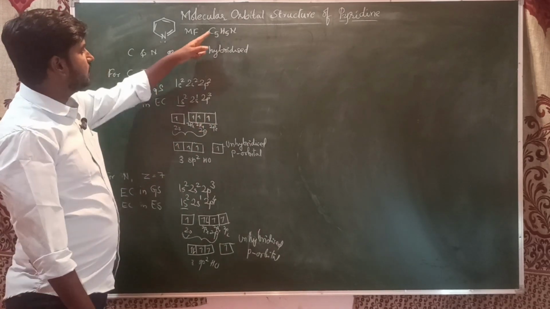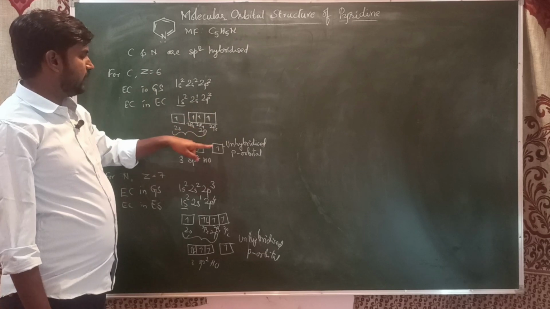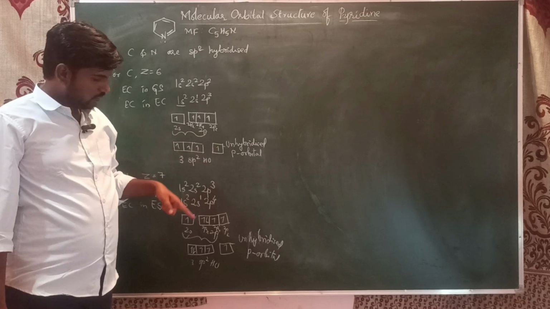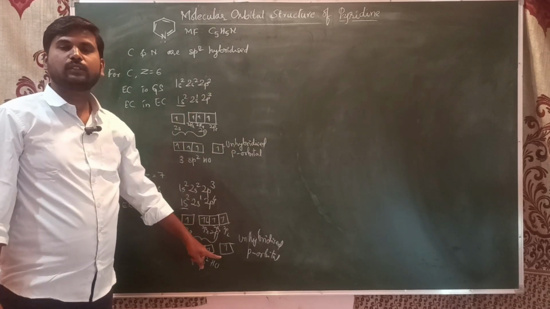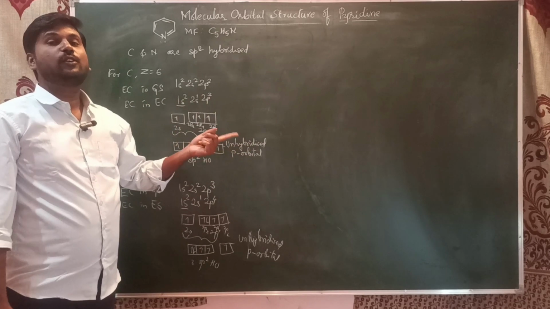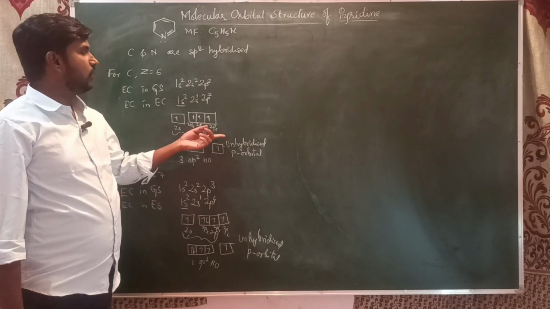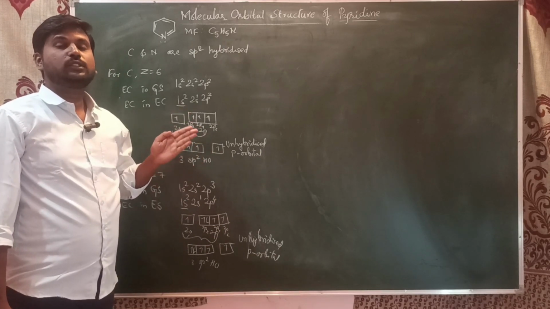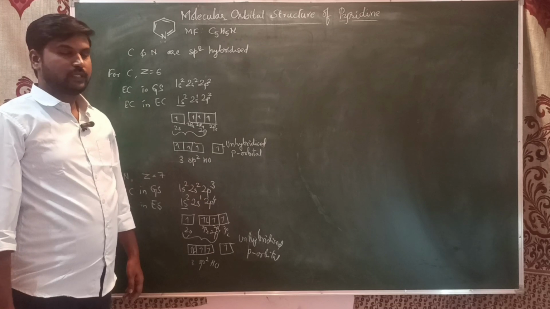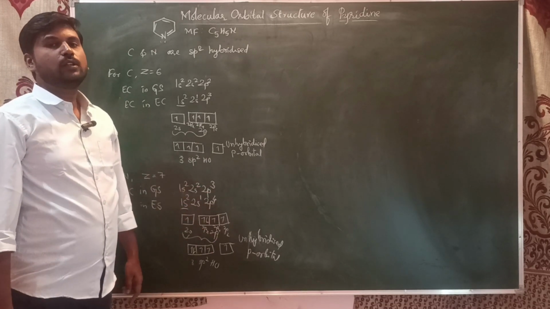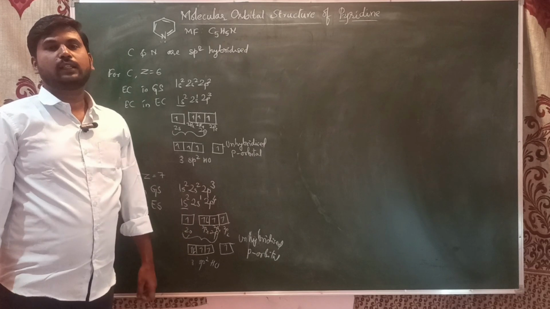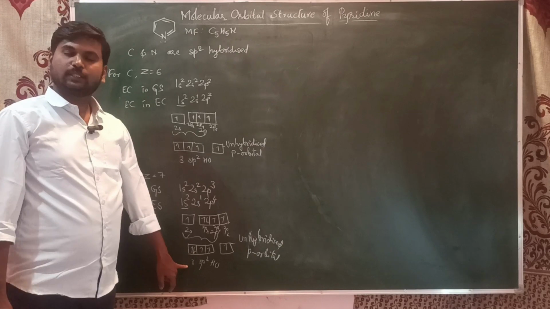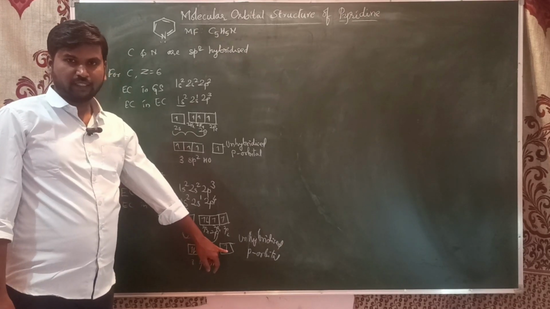Because there are 5 carbons, each giving 1 electron, so 5 electrons, and the nitrogen also gives 1 electron during the formation of pi bonds. That involves 6 pi electrons, forming the most stable sextet. That sextet configuration is needed to give stability to the ring, pyridine. That's why one of the sp2 hybrid orbitals is paired, and the unhybridized p orbital is unpaired.